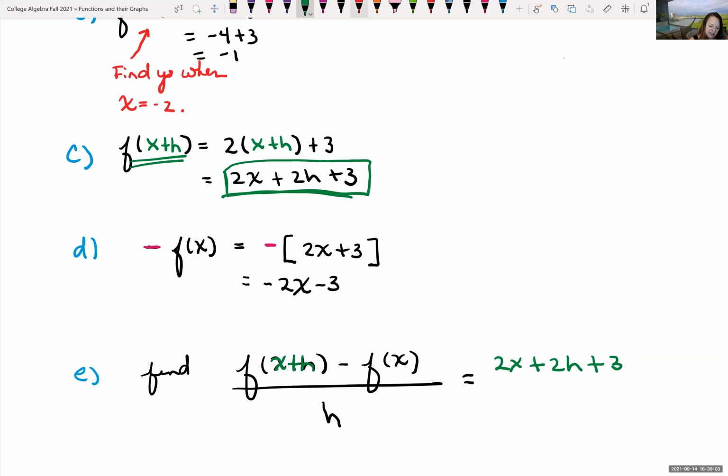And then it wanted us to look at minus our f of x. Minus f of x we already found. That was minus 2x minus 3. And then it tells us to put this whole thing over h.